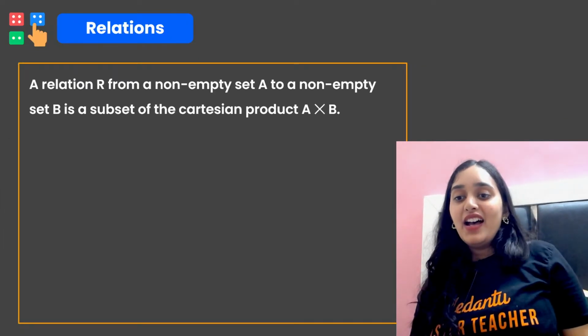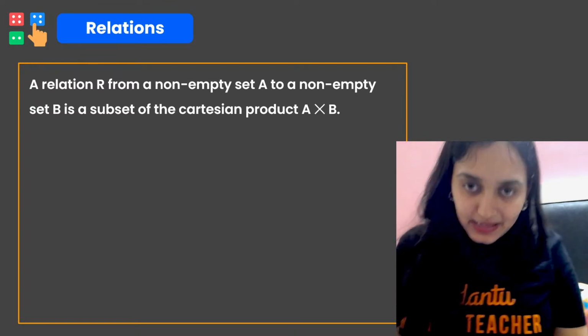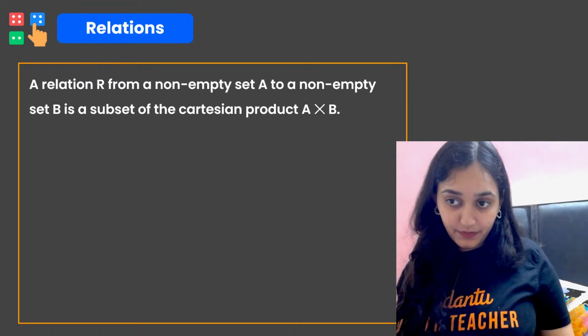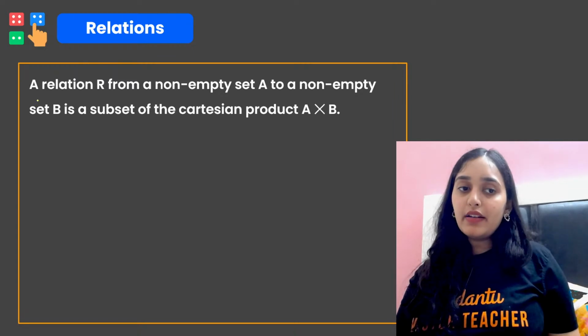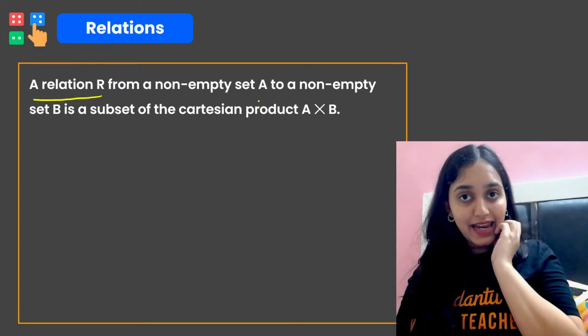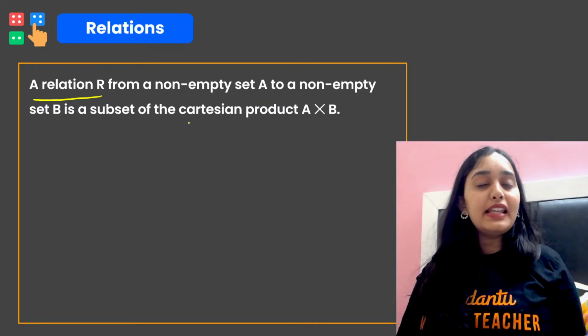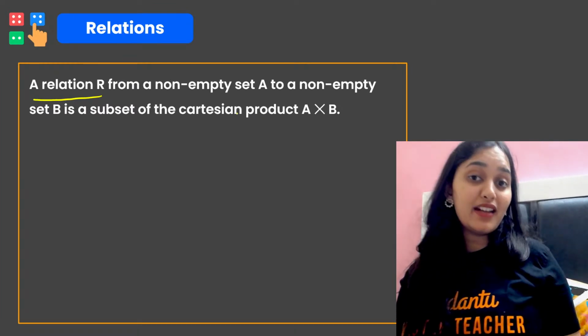Okay. Coming on to what are relations on a Cartesian product of two sets. A relation R from a non-empty set A to a non-empty set B is a subset of the Cartesian product A cross B. What do we understand by that?